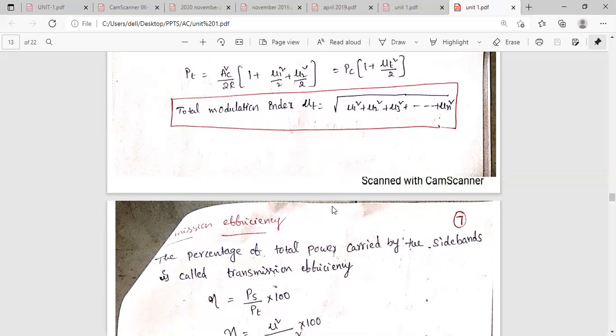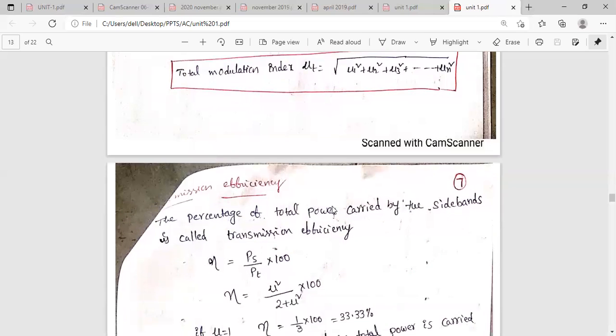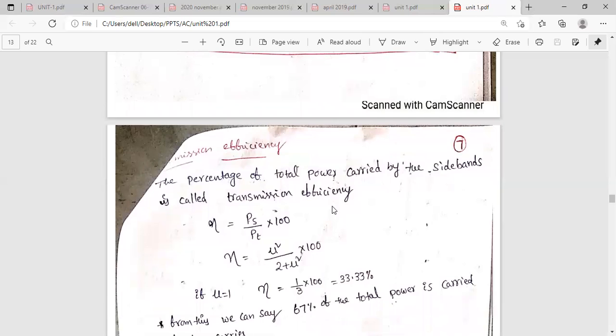Next, what is the transmission efficiency of conventional AM? This is also called double sideband full carrier amplitude modulation. How can we calculate that transmission efficiency? Only the message information is contained in the sidebands.